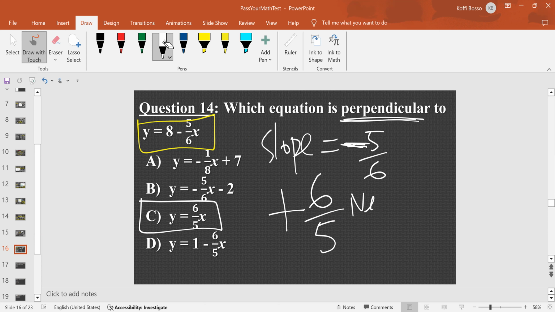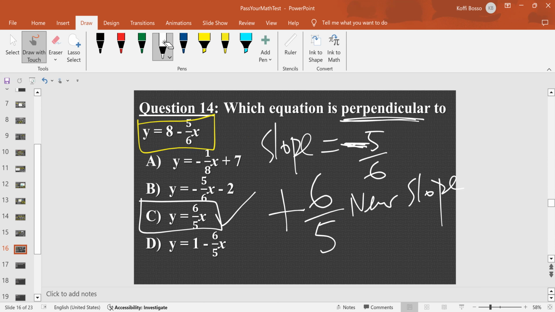That's the slope of the second line. So what you're going to do here is check all 4 choices to see in which equation the slope is positive 6 over 5. Yes, it's this one.